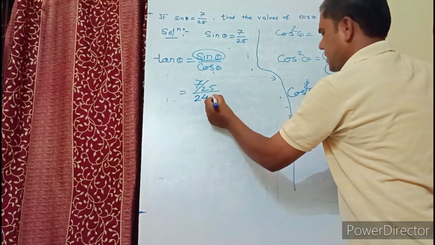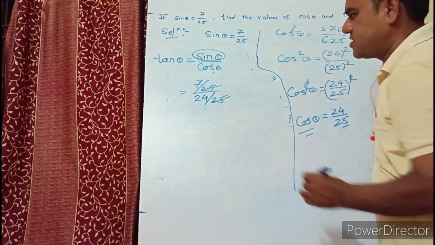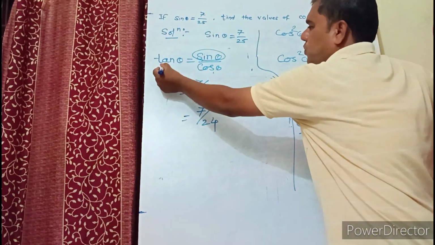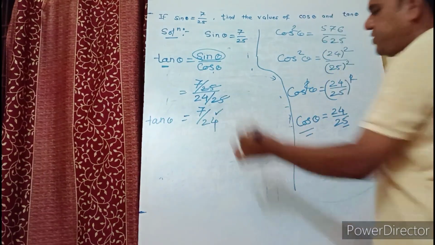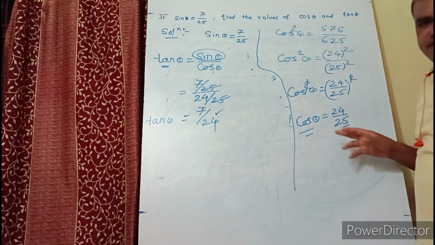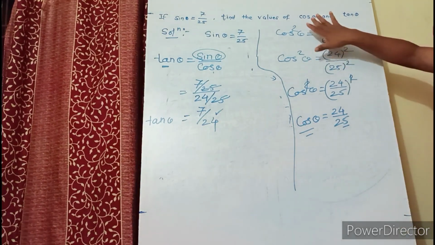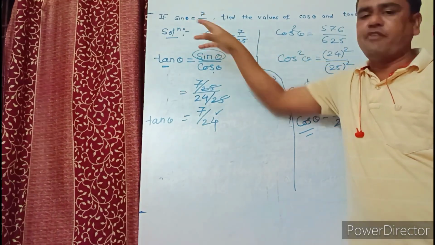Now the denominator is the same, so 25 gets cancelled, and we get 7 by 24. We get the value of tan theta equal to 7 by 24, and the value of cos theta is 24 by 25. In this way we have found the values of cos theta and tan theta when the value of sin theta, that is 7 by 25, is given.